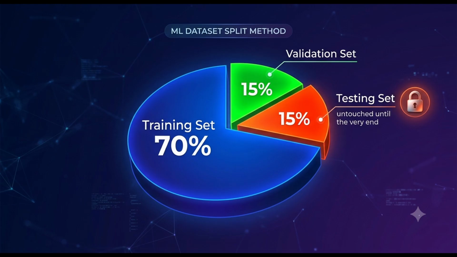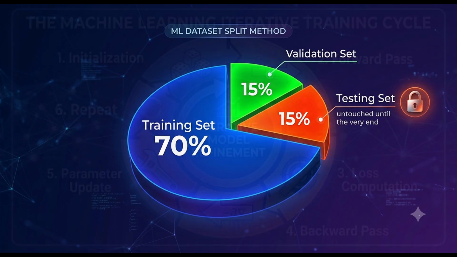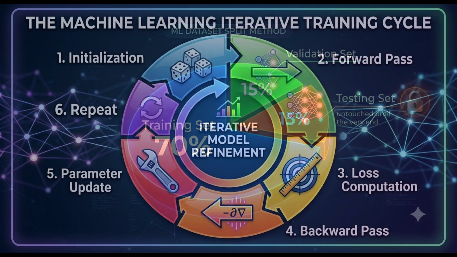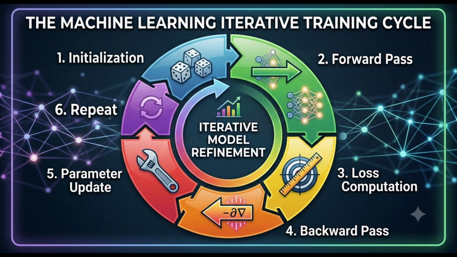And the testing set is kept completely separate, untouched, until the very end, when we want an honest, unbiased measurement of how good the model really is. Now, here's the core idea of training, no matter which model you're using. Training means adjusting the model's internal parameter values so that its predictions get closer and closer to the true, correct answers.